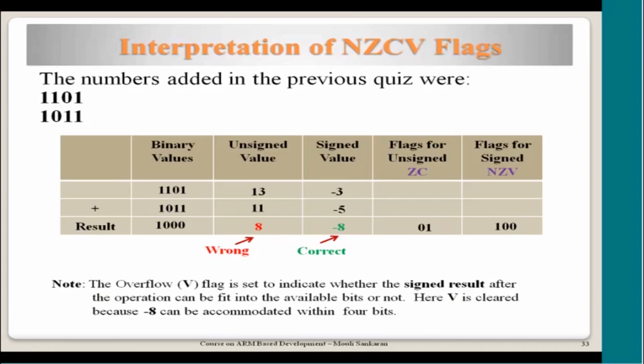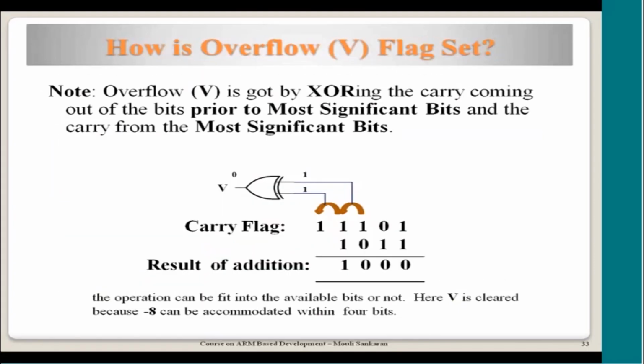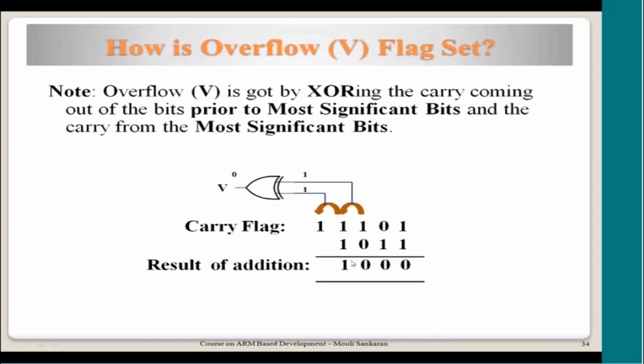Now let us see how it is computed. In typical hardware, when you do arithmetic, if it is a 4 bit arithmetic, this is the MSB, and the carry coming from the bit next to the MSB is also considered, apart from the carry out.